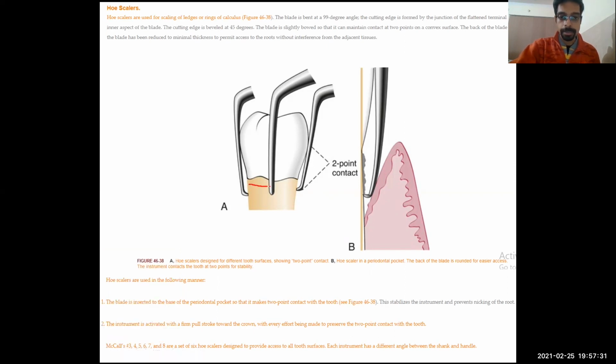For example, if there is a calculus present like a ring around the neck of the tooth, we will insert the hoe scaler slowly into the pocket and reach with this blade below the calculus and engage it. So here is the first point of contact, and the other point of contact is this portion of the instrument on the crown portion of the tooth. So this is the use of hoe scaler. It can be used for removing the tenacious rings of calculus.